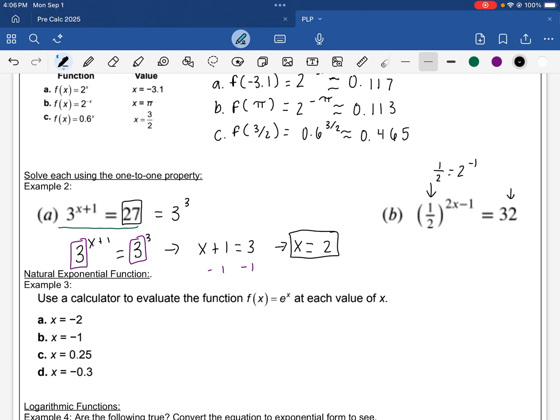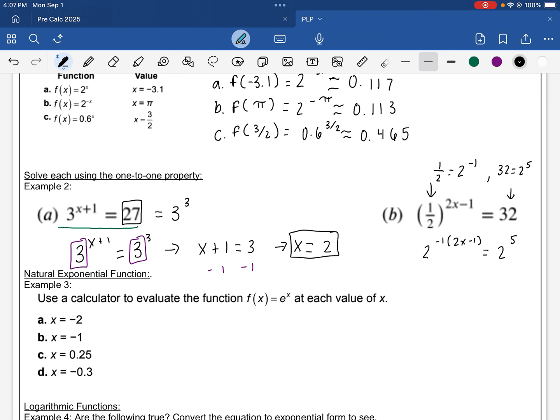You just flip that over the fraction bar. And then 32 is 2 to the fifth power. So using that, I'm going to rewrite this equation. We have 2 to the negative first times that 2x minus 1 power is equal to 2 to the fifth power.